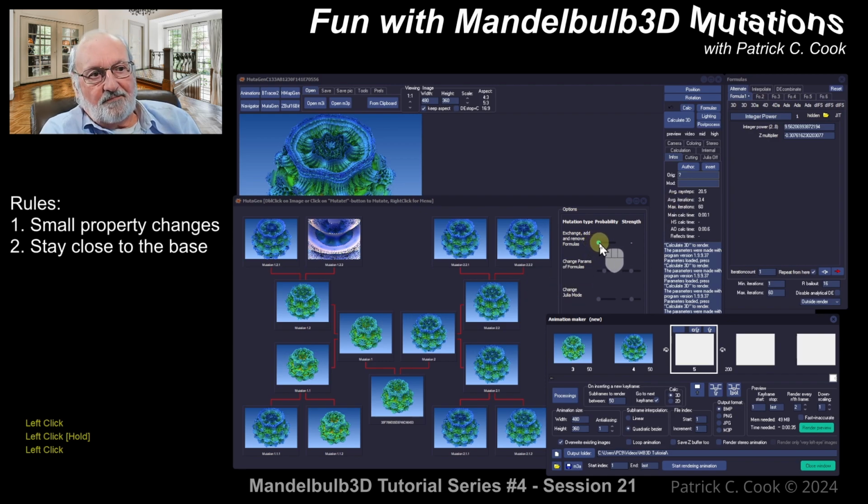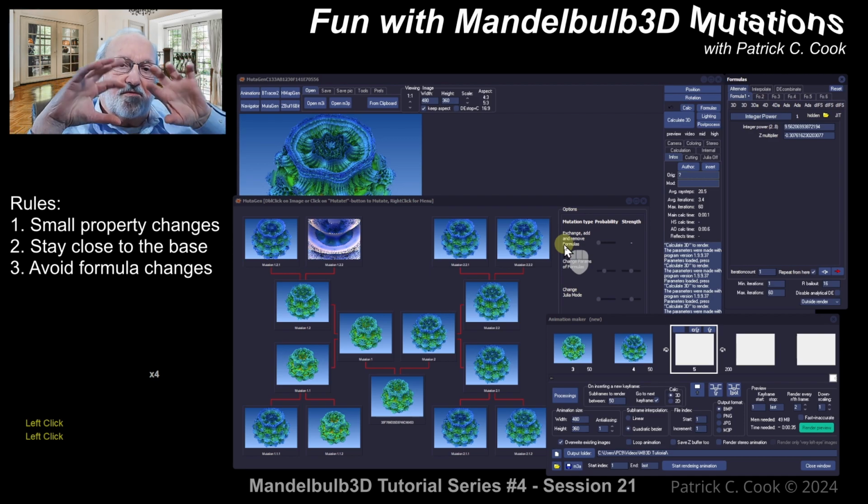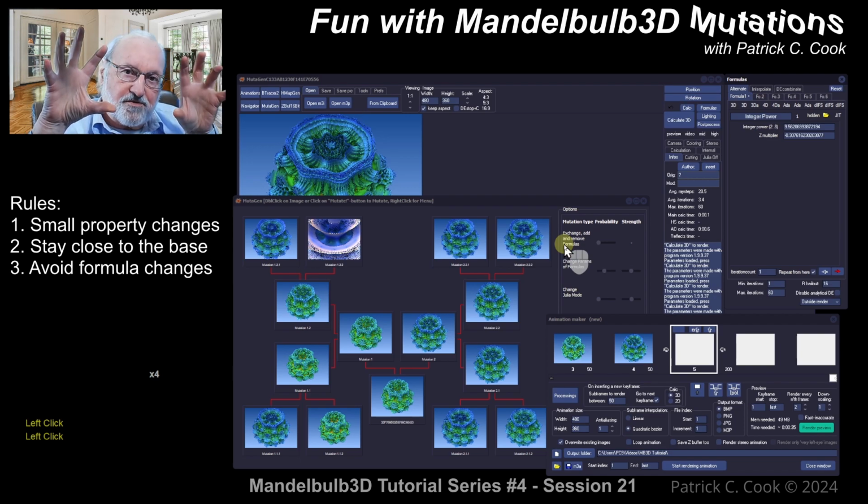It does not work to have a formula slot up here exchanged, added, or removed between keyframes. These are the slots. It doesn't work. The Mandelbulb animation code does not understand the changing of the formula from one keyframe to the next.